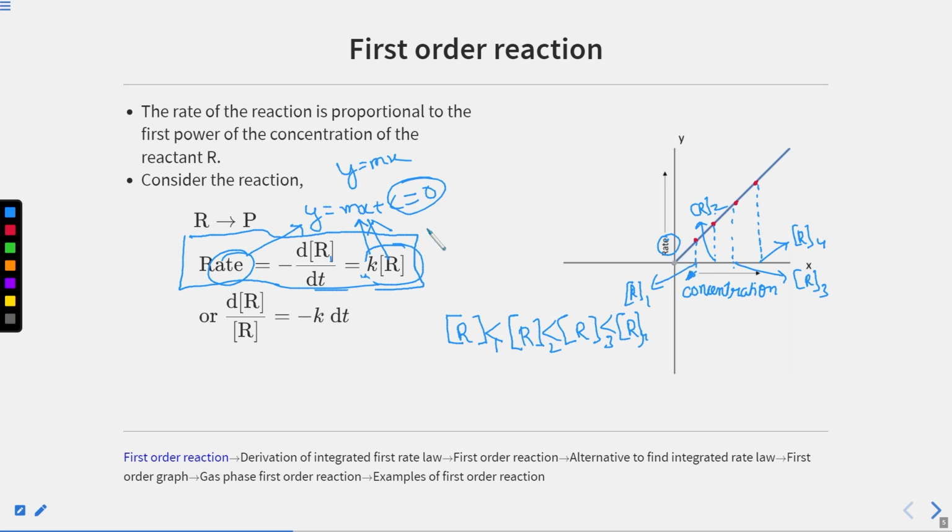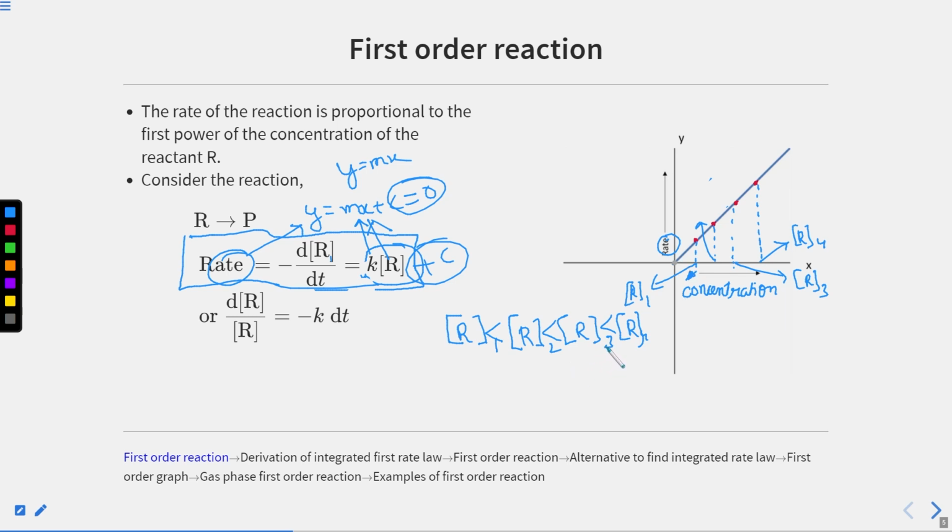If some intercept was present, then the graph would have started from here or here or here. But since the intercept is 0, because the plus c is missing, we will have a slope that originates from the origin. Okay, so this is clear.